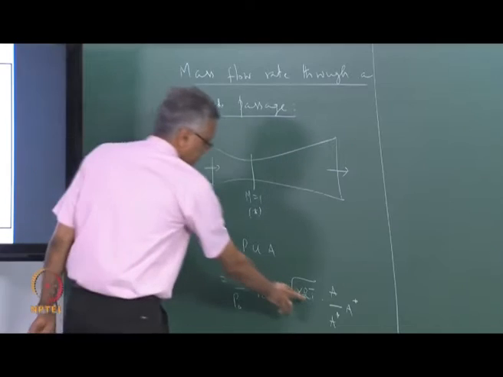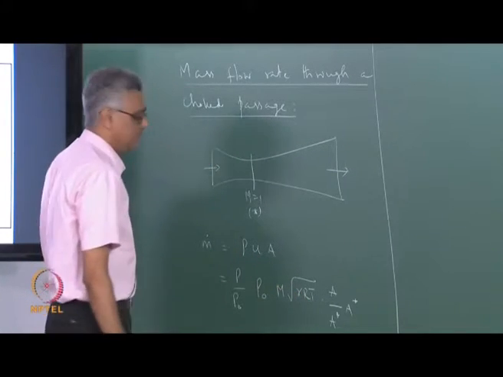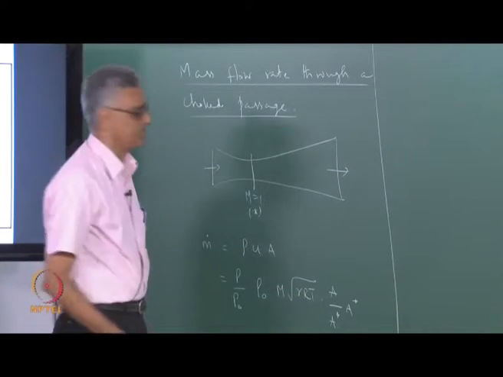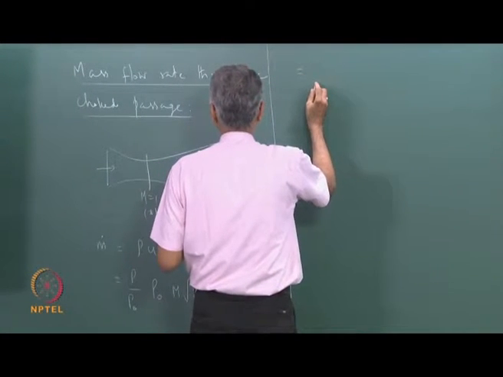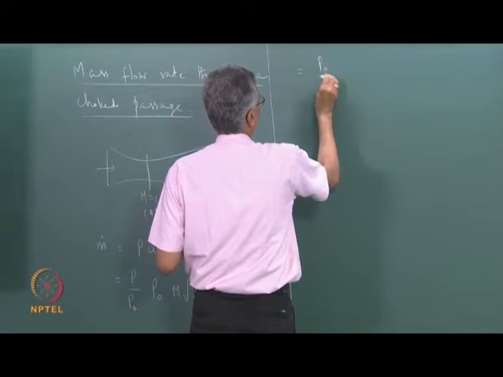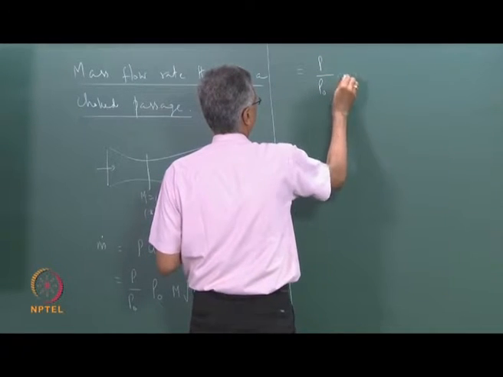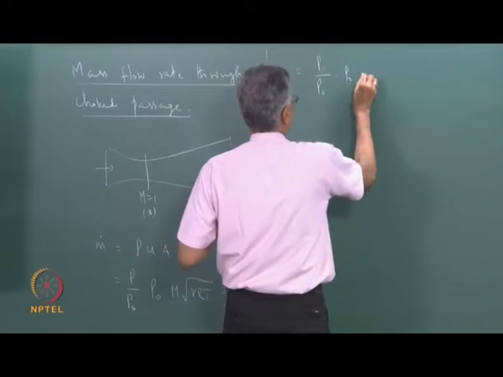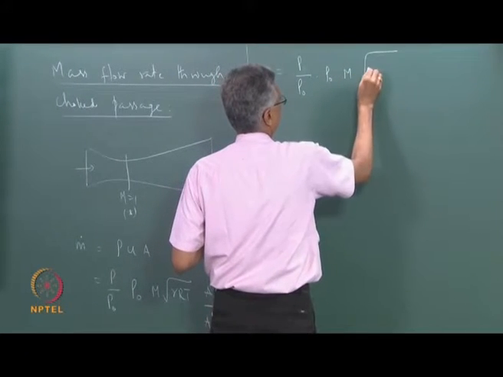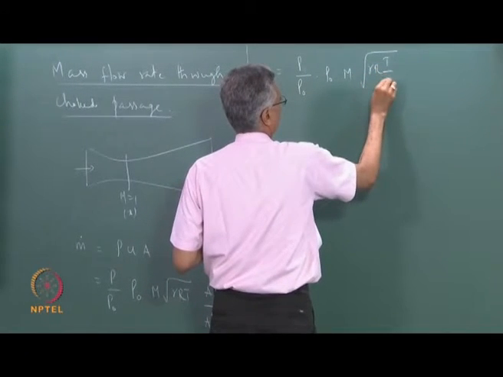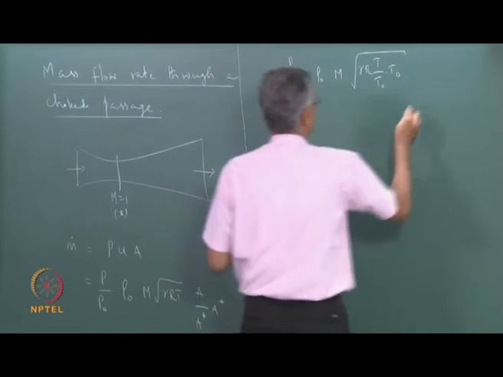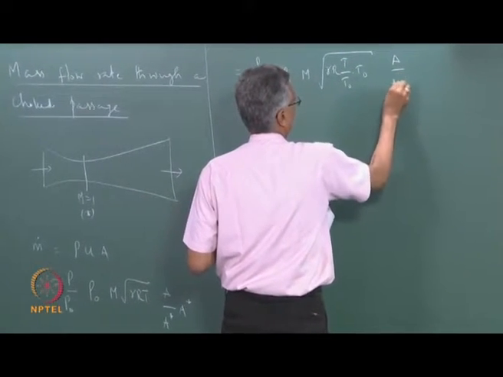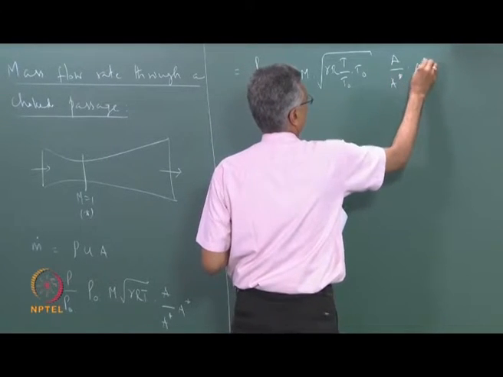Now, I can take this static temperature and write that as T over T naught times T naught. So, if I expand this equation further, I can write this as rho over rho naught times M times square root of gamma R times T over T naught times T naught, all within the square root, times A over A star times A star.